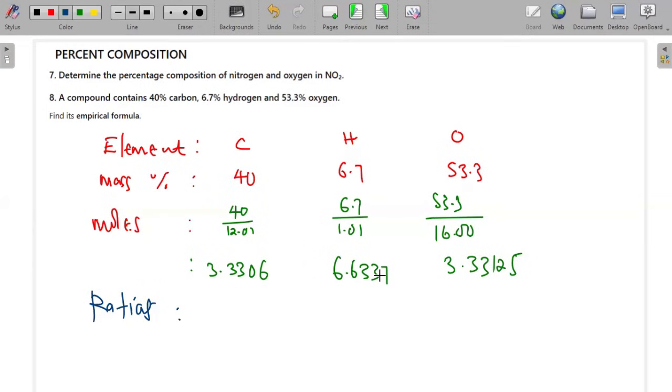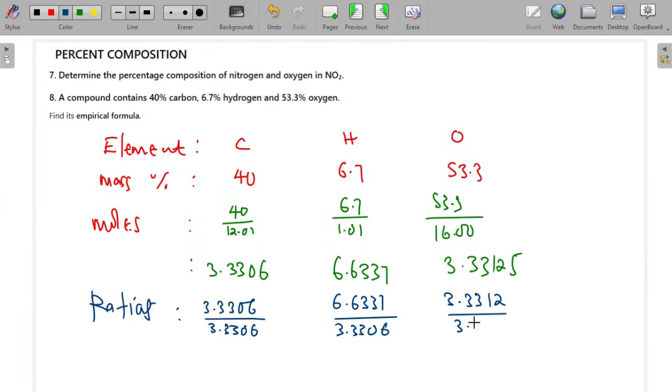So I'll divide throughout by 3.3306. So it will be 3.3306 divided by itself, then 6.6337 over 3.3306, and 3.3312 divided by 3.3306. The first one, if I divide, is just going to be 1 because they're the same.